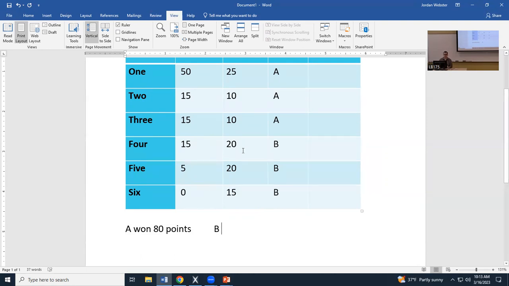And the same thing with B, we're going to count up the items that B has won. Right now, if we just give the highest bid, 20 plus 20 plus 15, we just give the items to B which B got the highest bid for, B receives 55 points.